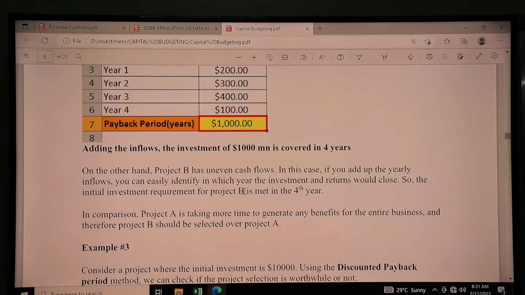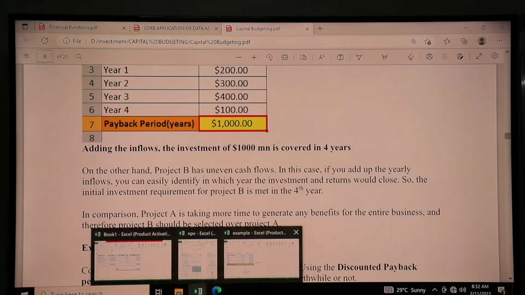So that is another way of evaluating a project using the payback period. We said the shorter the payback, the better the investment. A good investment is one that takes a shorter time to pay back the amount invested.